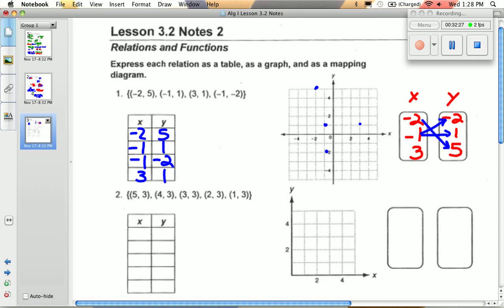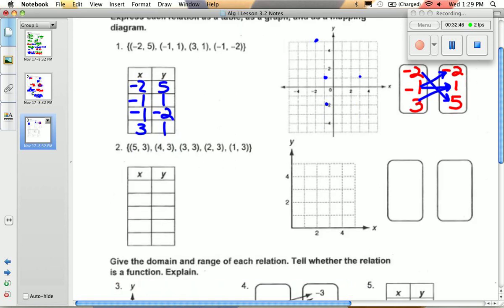And 3 has to be mapped to 1. Mapping diagrams can sometimes be kind of messy, so you've got to try and be as neat as you possibly can. Anybody have questions on it?